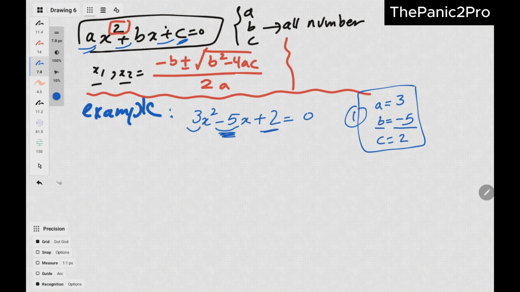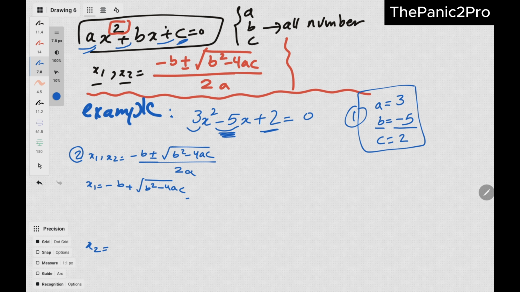Now step 2 is to plug them into the formula for x1, x2, which is minus b plus minus the square root of b2 minus 4ac over 2a. I'm going to break that down into x1 and x2. So x1 is minus b plus the square root of b2 minus 4ac over 2a.